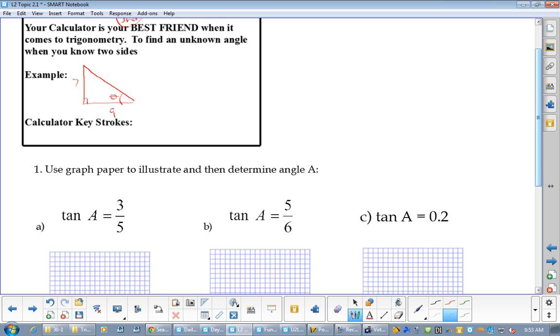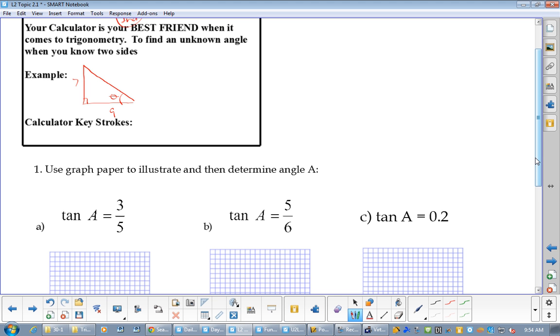Now, in all the other ones, they gave us that angle and asked for a side. What happens if they give us two sides and ask for the angle? And I still want you, from that angle, to please label the sides: opposite, adjacent, hypotenuse. Again, this is the most important step. I'm not saying it's the hardest, but it is the most important, because if you mess this one up, it probably won't go well.